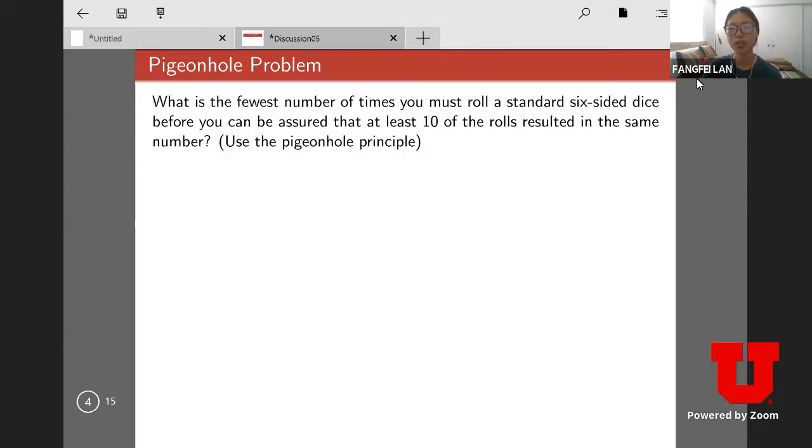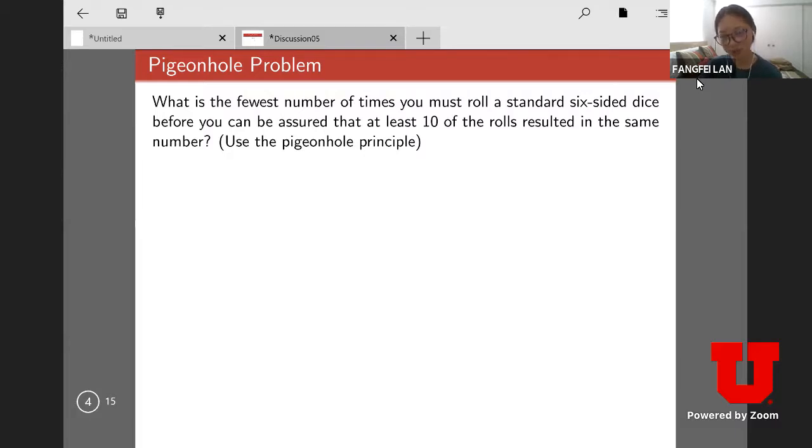So what do we do? What is the pigeonhole principle? What is the theorem? What does the theorem say? Somebody typed mn plus 1.